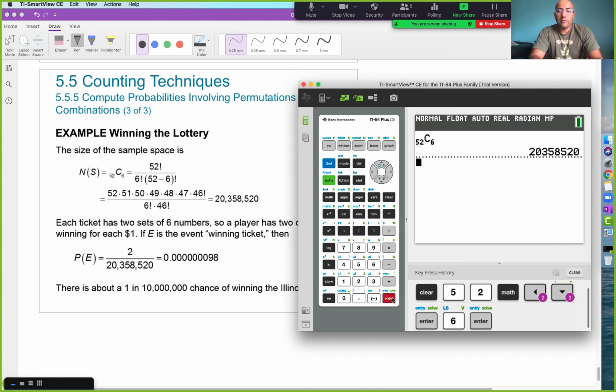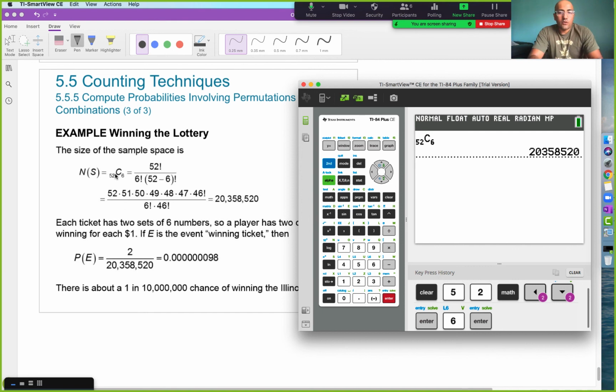There, 20,358,520 different ways to choose 6 balls out of 52 when the order in which you choose them does not matter, and you cannot choose the same ball more than once. It doesn't make sense that you would choose the same ball more than once in this case.